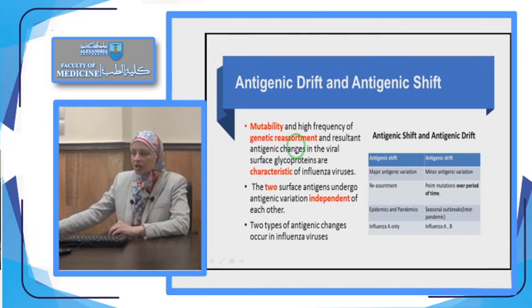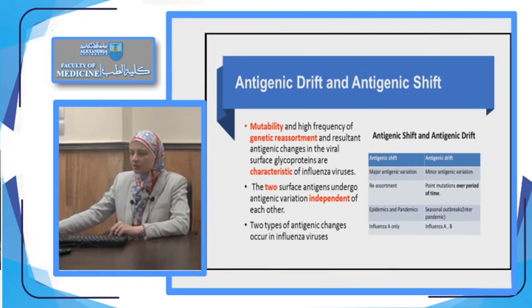They result in antigenic changes in the viral surface glycoproteins, and this is characteristic of influenza viruses. The two surface antigens undergo this antigenic variation independent of each other. So variation can happen in hemagglutinin or neuraminidase independent of the other glycoprotein.